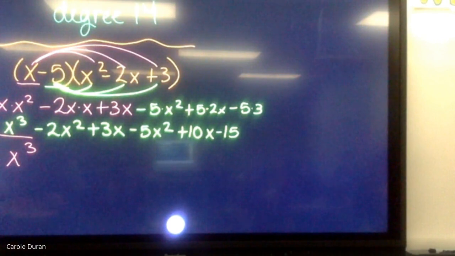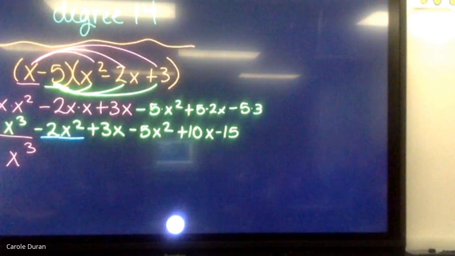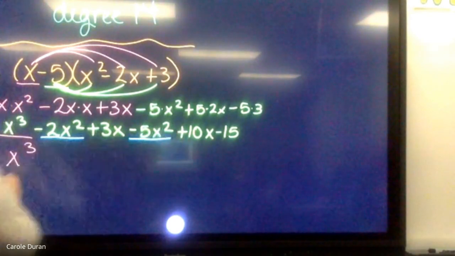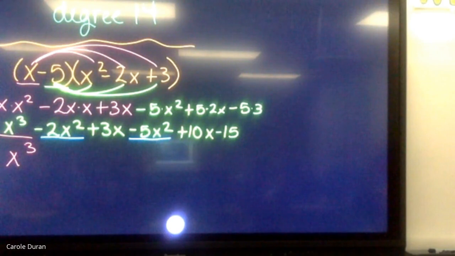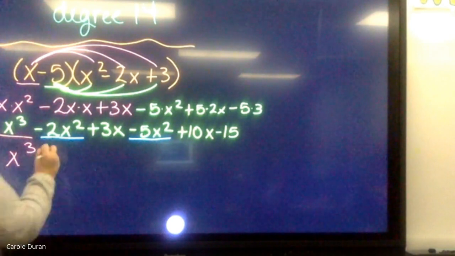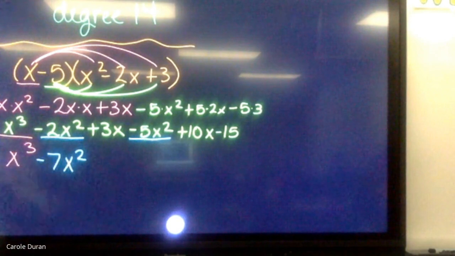Then I look at my next term. I like to move left to right. It's a really good system. I have a negative 2x squared. I now need to look for another term that has an x squared on it. Negative 5x squared. I can then combine them by addition. So negative 2 and negative 5 becomes a negative 7, and their variable and exponent remain the same. So negative 7x squared.